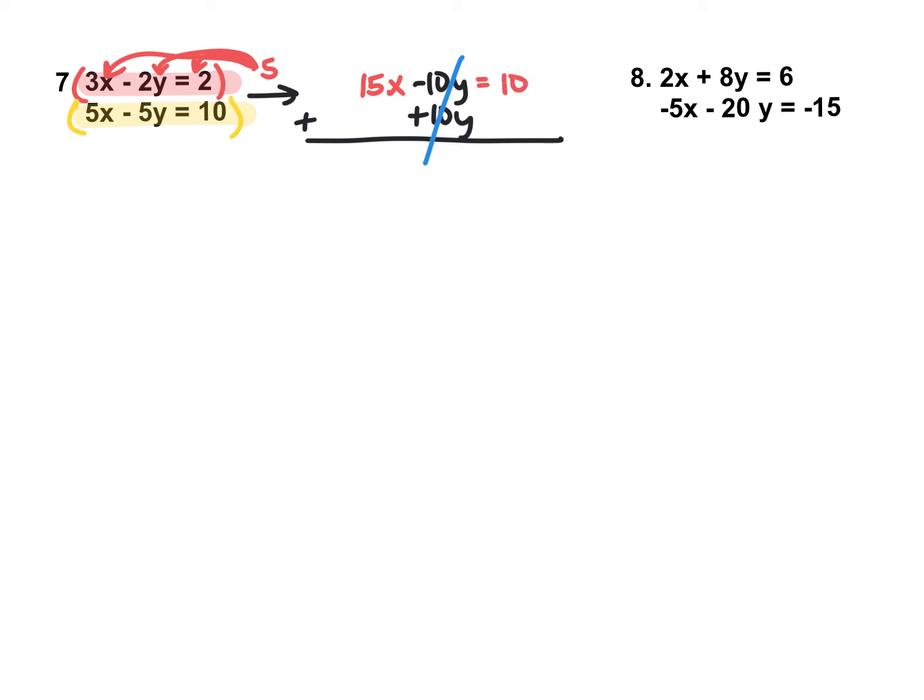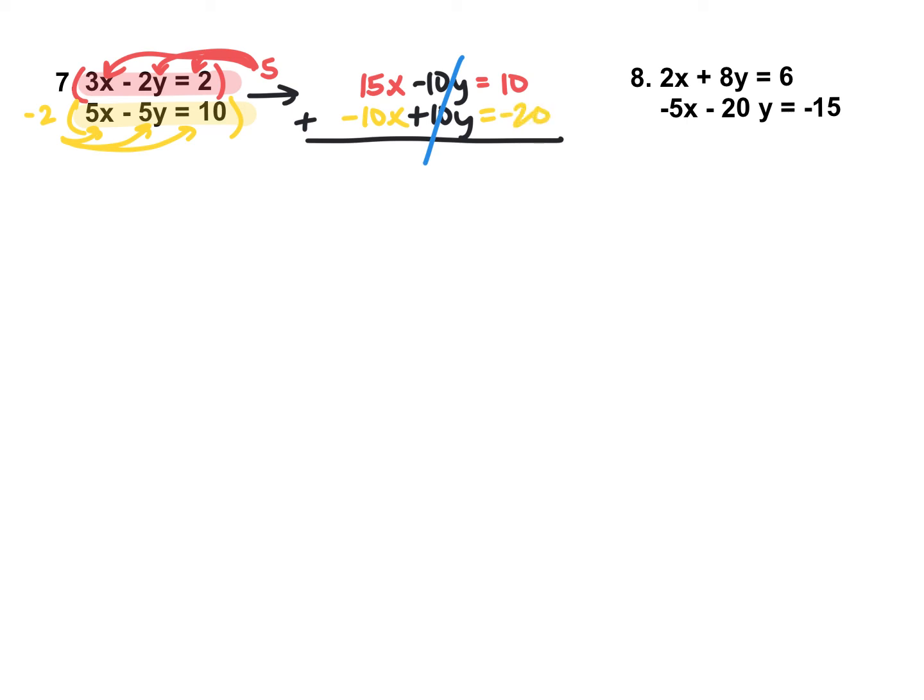I'm going to go through the same process with my bottom equation. I want to get a positive 10y down here. So what do I multiply negative 5y by to get positive 10y? That's right, a negative 2. So I have to multiply each of these by negative 2 to see what I get. So a negative 2 times a negative 5x, that's a negative 10x. I already talked about how I have a positive 10y. So then I have to multiply negative 2 times 10. So that's negative 20.